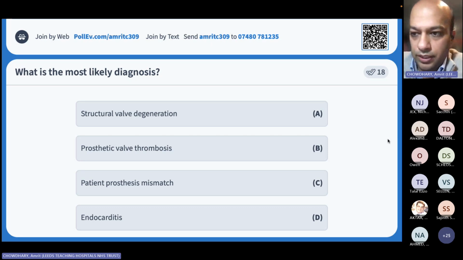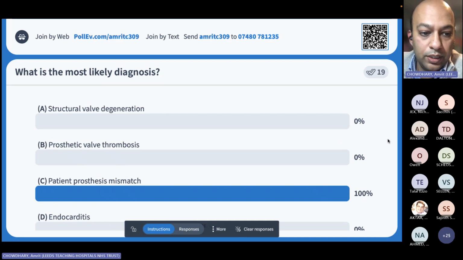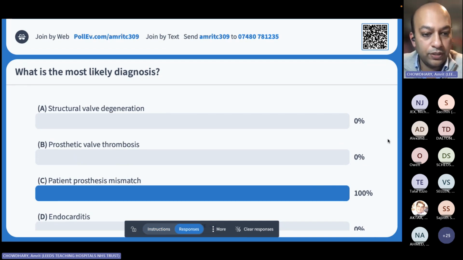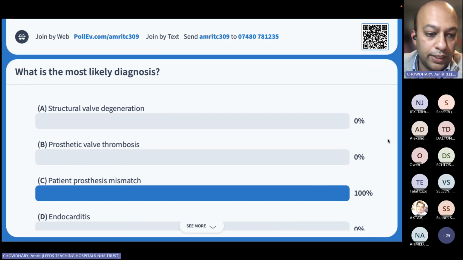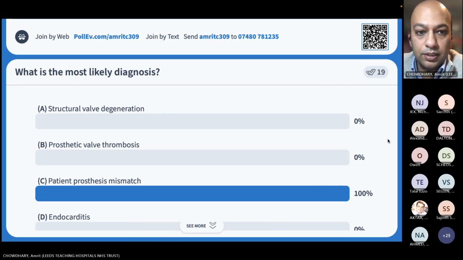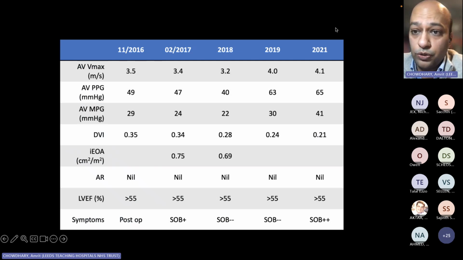Yes, we've had 19 answers in now. So let's have a look at what most people think. 100% of people think that it was a case of prosthesis-patient mismatch, which is what we thought as well.